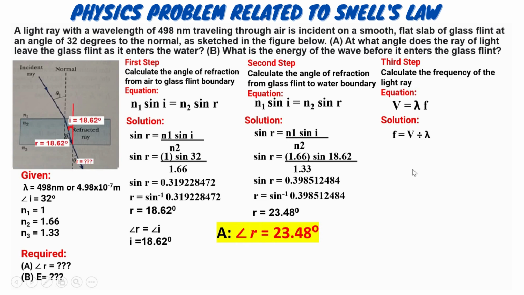Since our medium in the first situation is air, then the speed of light in the air is 3.0 times 10 raised to 8 meters per second divided by the wavelength of the light ray, which is given in the problem, 4.98 times 10 raised to negative 7 meters.